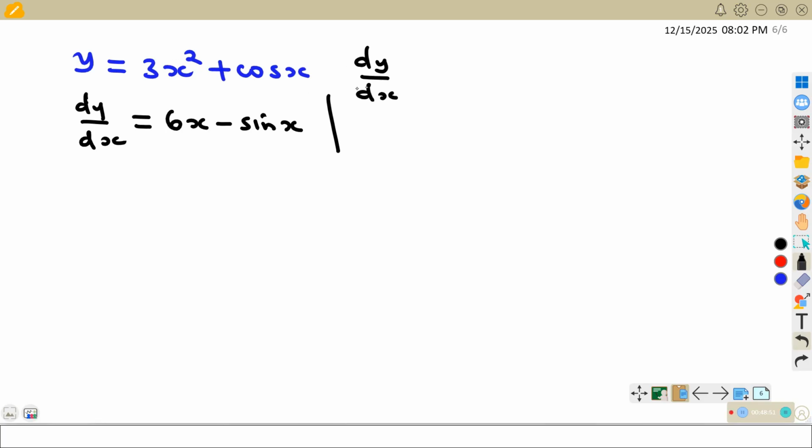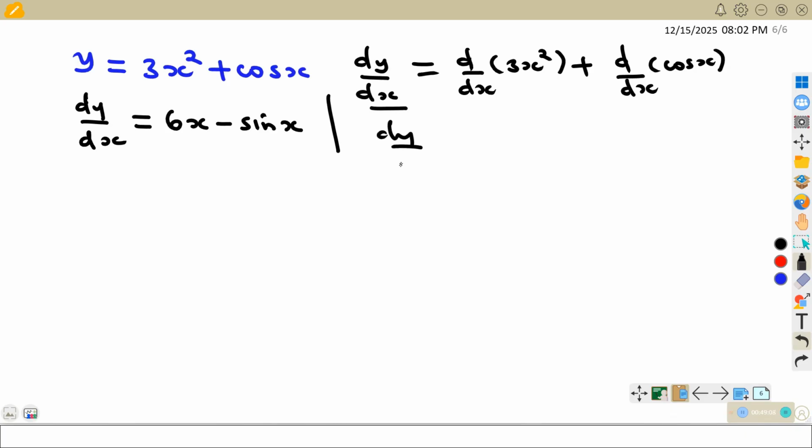You differentiate y with respect to x, differentiate 3x squared, then also differentiate cos of x. So when you differentiate y with respect to x, you remain with dy dx. Then when you differentiate 3x squared, drop the power, reduce the power by 1. So this should be 6x, because it will be 3 times 2, 6x, plus differentiate cos of x.